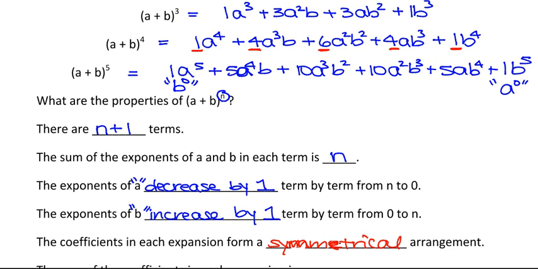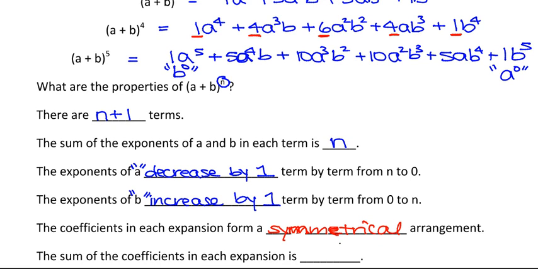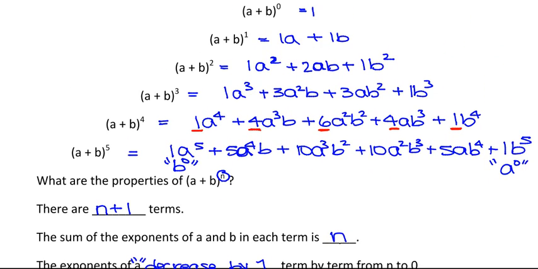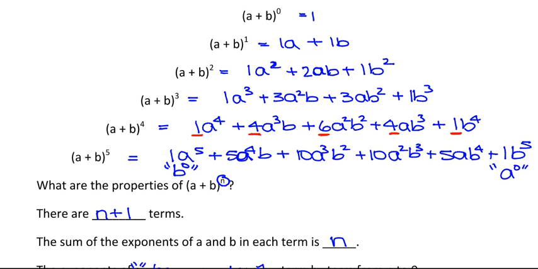Okay, let's take a look at the sum of the coefficients in each expansion. Here the sum of the coefficients is 1. In the second row it's 1 and 1. Now you know why I put all those 1's in, which is 2.